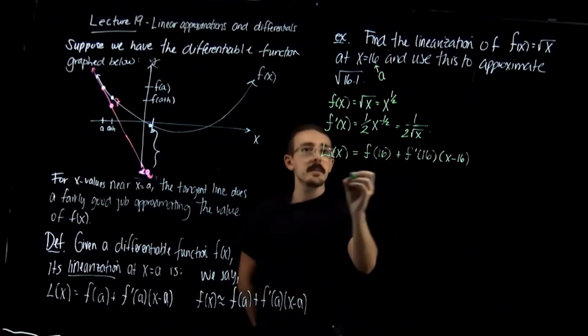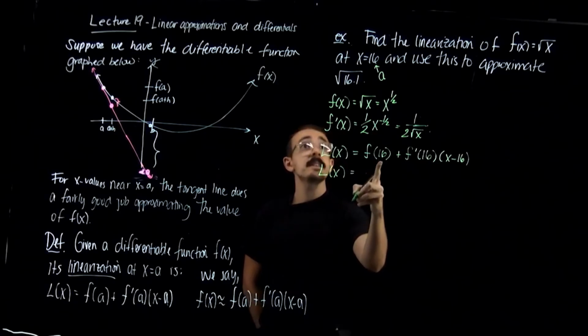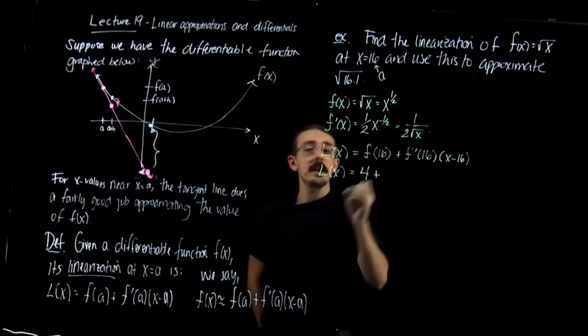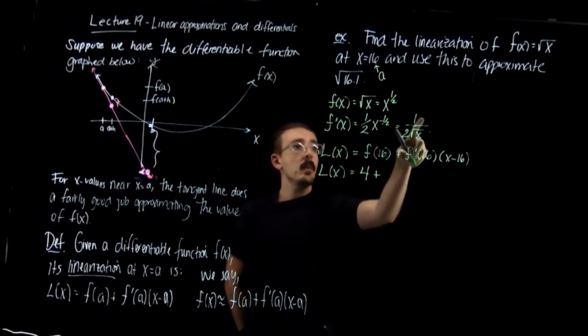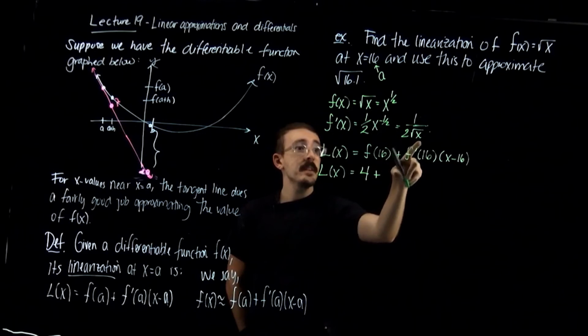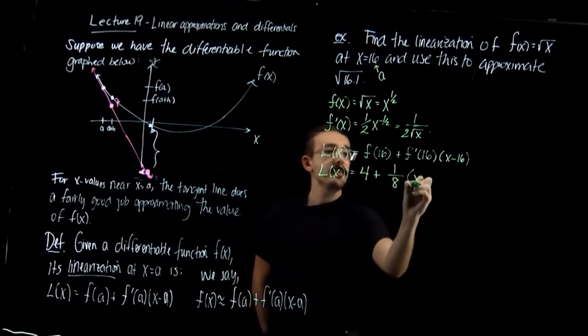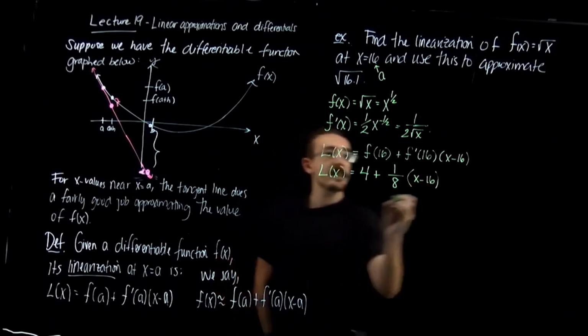All right, let's go ahead and calculate what some of these are. So this is L of x is f of 16. I plug 16 into the original, and I get the square root of 16 is 4, plus I'm going to plug 16 into the derivative, and I'm going to get 1 over 2 root 16. That's going to be 1 over 8 times x minus 16. So this is my linearization.